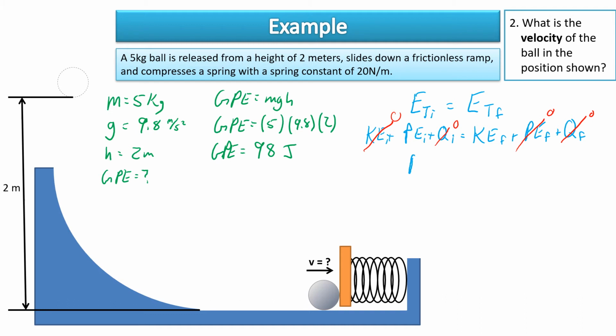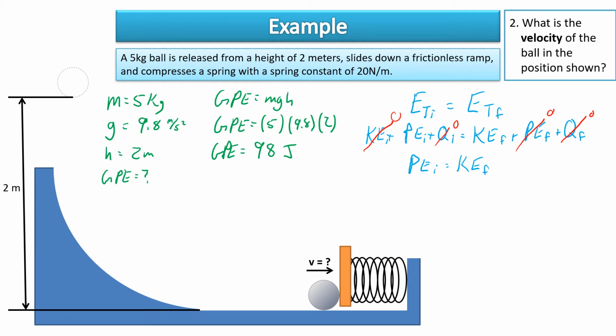The potential energy in the beginning is equal to the kinetic energy at the end. So this is the initial condition, this is the final condition right before it compresses the spring. So we have to pick 2 points in time in our system, and we use that to analyze what is the initial and the final over there.